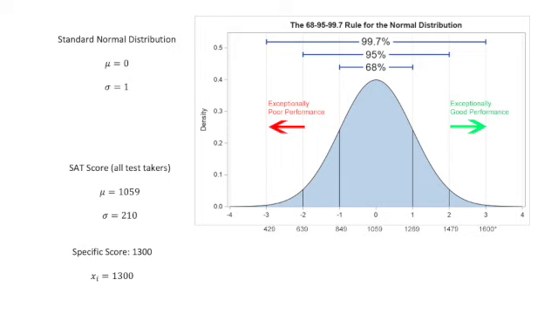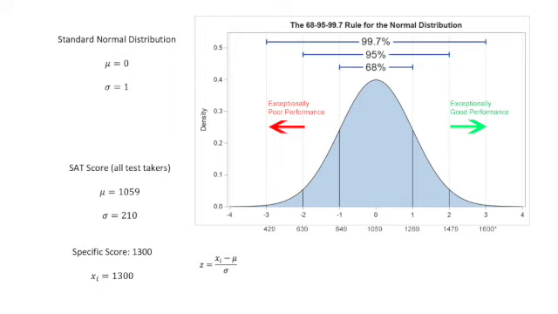So what we really need is a translation function where we can take any specific value from a normally distributed variable and locate it on the standard normal. Once again, if we have that translation function, we can do the reverse as well. If we know where we are on the standard normal, we can always figure out where we are on our variable's distribution. So it turns out that we have a translation function, and that translation function is called a z-score.